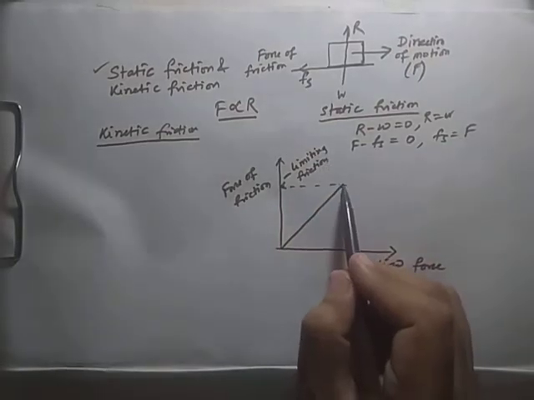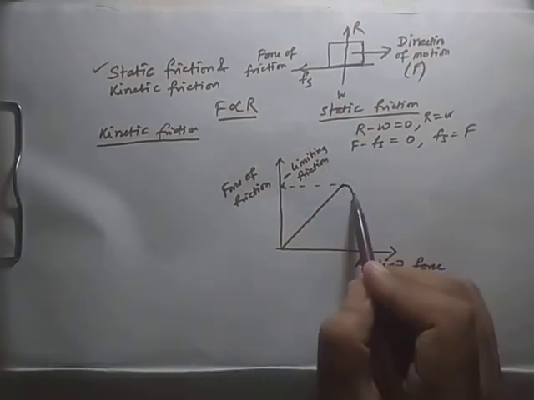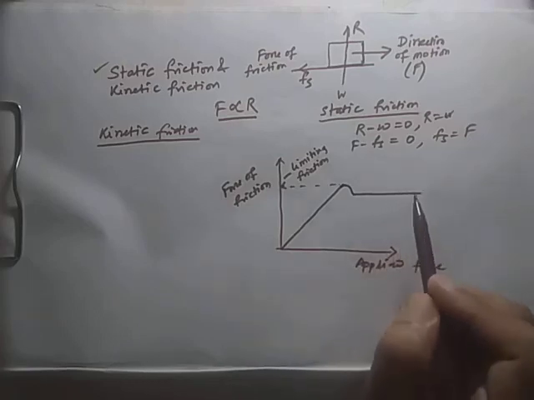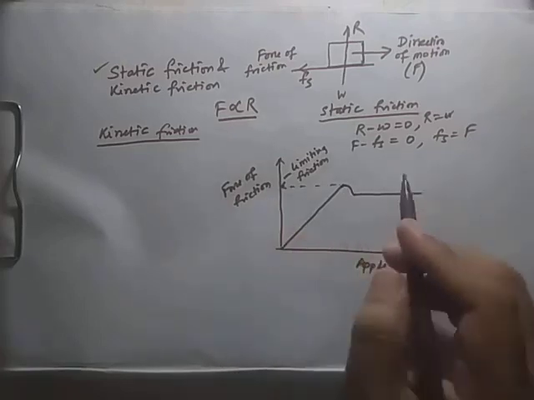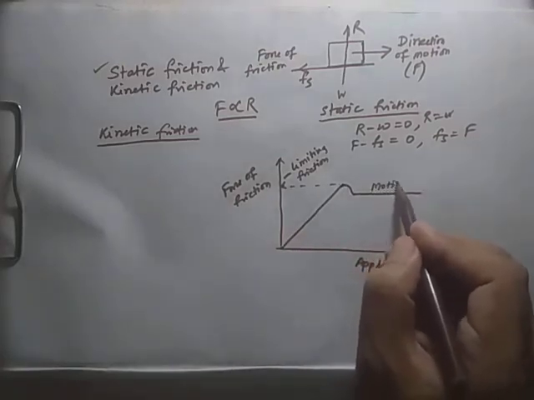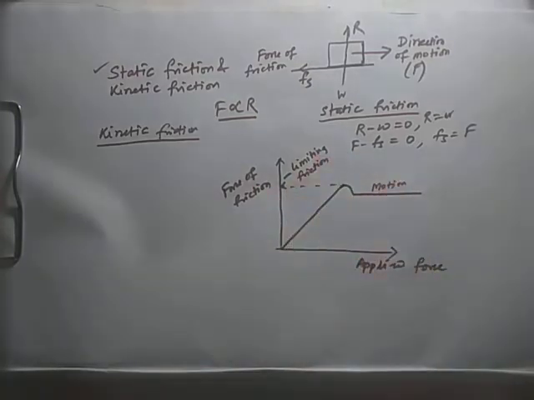And after that it will come to be in motion. So this will become the kinetic friction. Okay, this is motion. So you can understand from the graph that the limiting friction is always more than the kinetic friction. So the question comes: a horse pulling a cart has to apply a greater force to start the cart and then keep the cart in motion. Why?